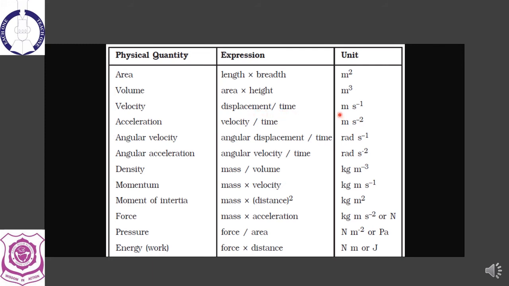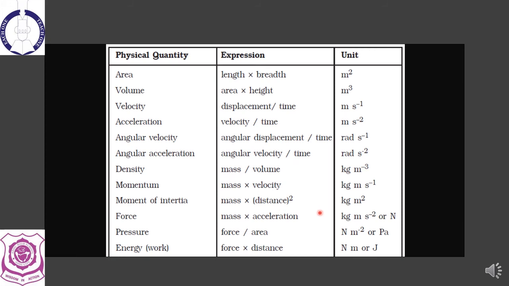Here you can see that instead of writing m slash s, it's written as m s to the power minus 1. For acceleration, again you can see the unit being written as m s to the power minus 2 rather than meters per second square. You will see some other examples mentioned here too.